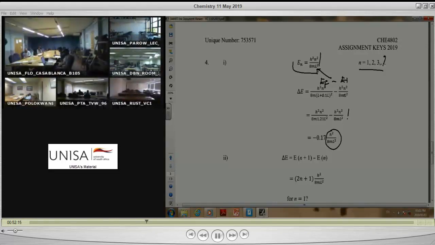So if we go now from an electron to a proton, by how much does the energy change? So we're talking about the following.